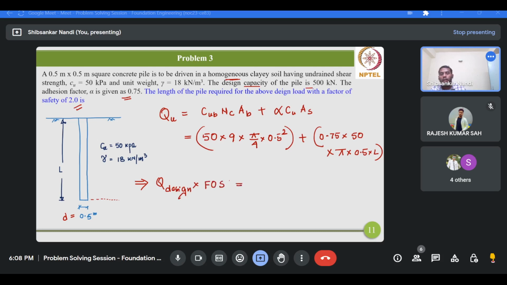Now what is the value you are getting for this first component? 50 times 9 times pi by 4, 0.5 square. This is 450 into 0.5 square into pi divided by 4.